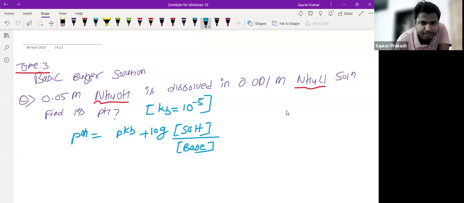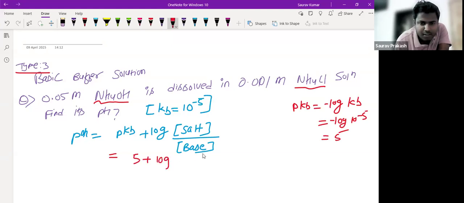So what is our pKb? pKb is equal to minus logarithm of Kb. So it will be minus log 10 raised to power minus 5. It will be 5. So 5 plus log salt concentration, which is 10 raised to power minus 3, and base is 0.05, which means 5 into 10 raised to power minus 2.